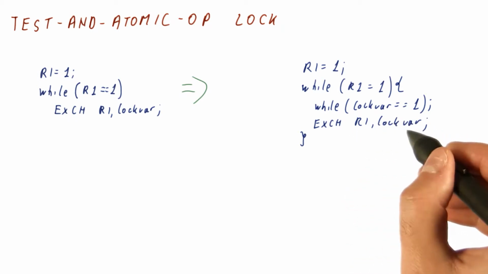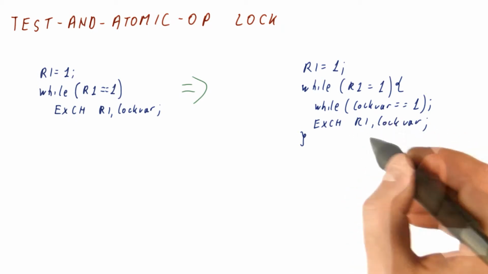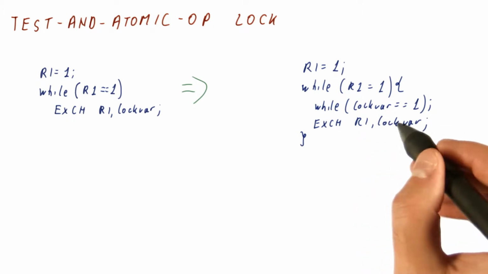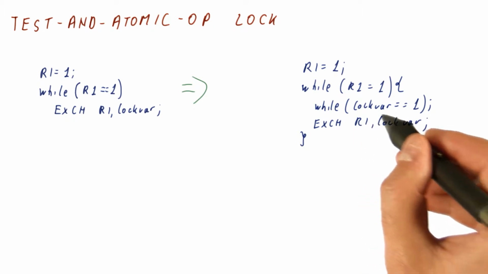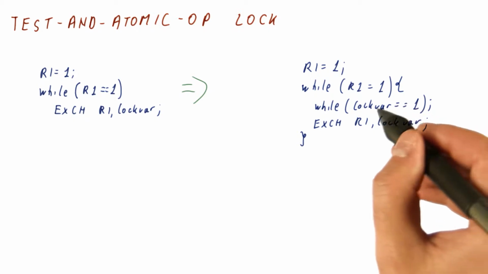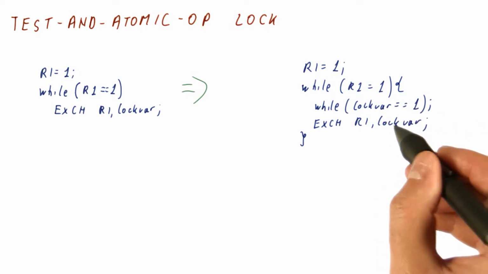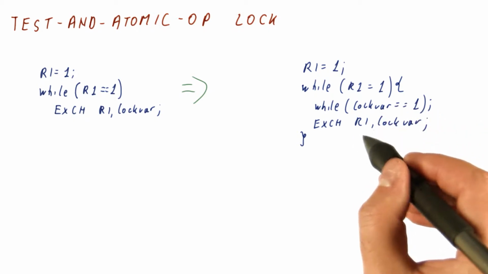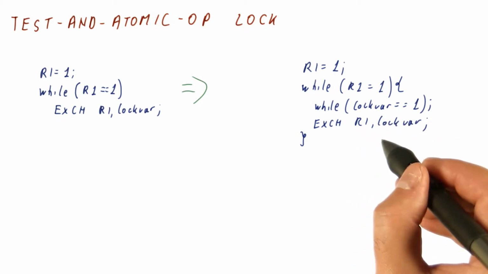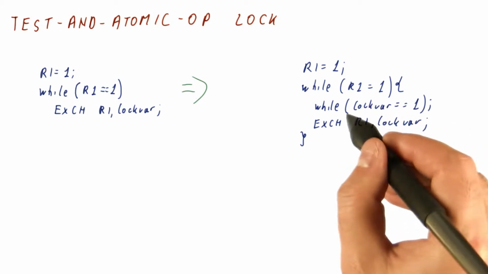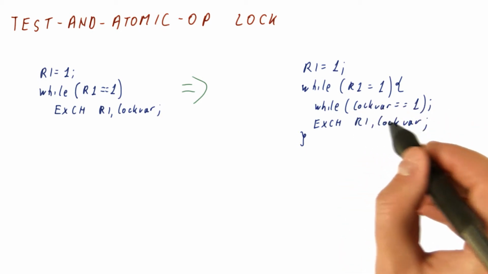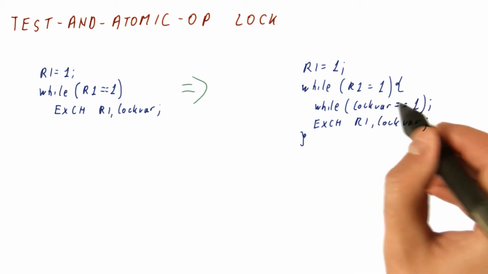We cannot try to grab it using the normal store. That's why we have to do the exchange. But there is no point in trying to do the exchange unless the lock is actually free. And the purpose of the exchange now is solely to ensure that only one of us grabs the lock once it becomes free. But the busy waiting while the lock is continuously busy is done using normal reads.